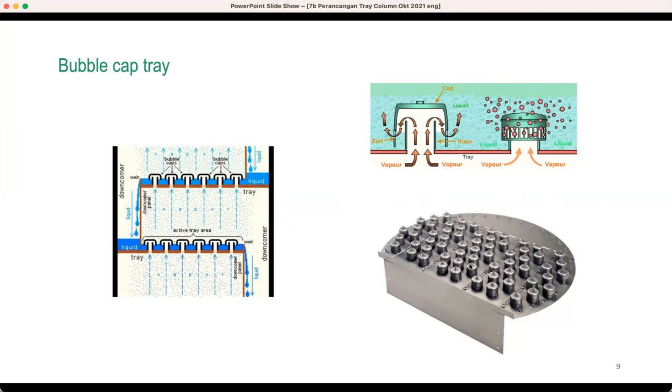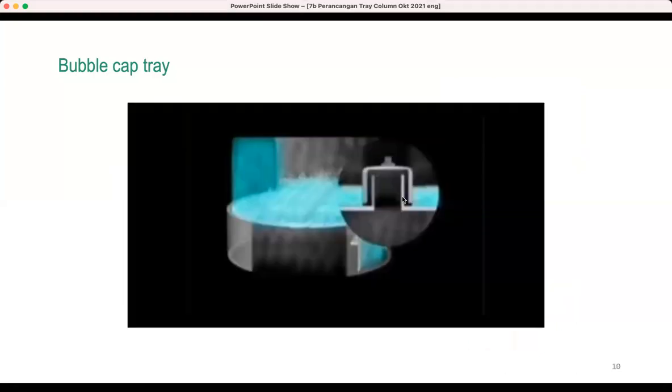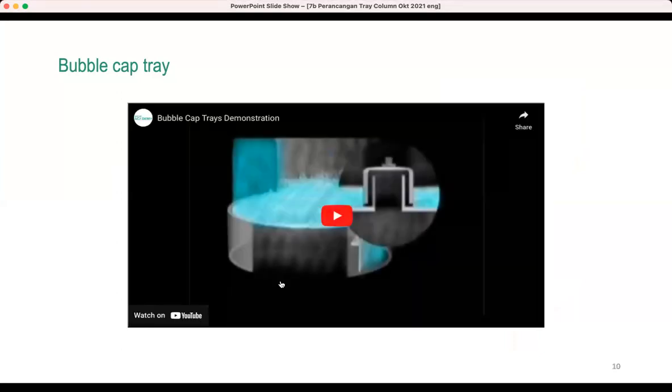This is, for example, a photo of a bubble cap tray. But the drawback of the bubble cap tray is that you will have a higher pressure drop in this area, and also it's a little bit complicated. So let's have a look at the video.